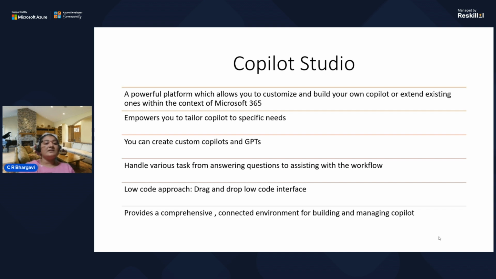It is used to tailor your own Copilot to the specific needs you want, and with the custom Copilot you build, you can also use the GPT models in place, which are backed by Azure OpenAI. You can easily build a virtual assistant for yourself, and it handles various tasks, from answering questions to assisting with the workflows you want to build inside Copilot Studio.